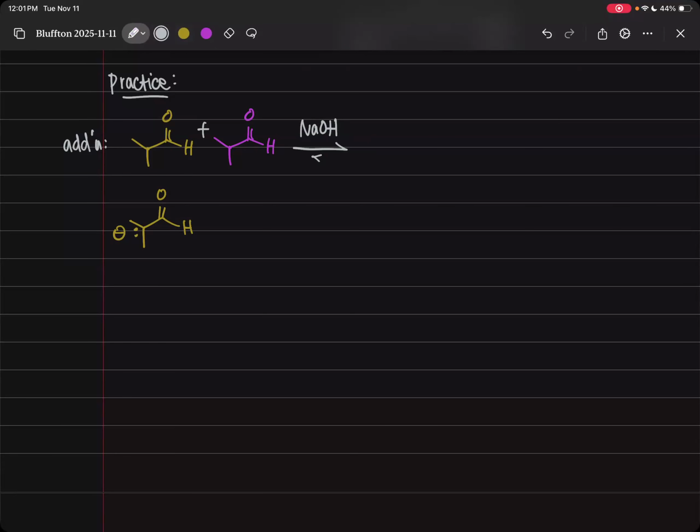Okay, so that's what the enolate should look like for one of them. Only one of them needs to become the enolate for the aldol addition reaction. So there's the carbon-carbon bond that forms.